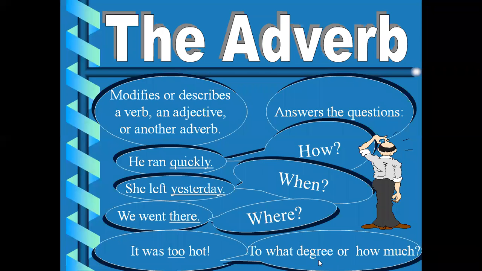To what degree or how much? So when the word answers one of these question words, it's an adverb. So we studied just now the nouns, the pronouns, the adjectives, the verb, and the adverb. We studied 5 elements.